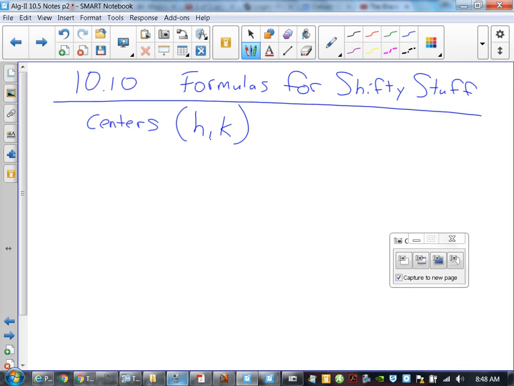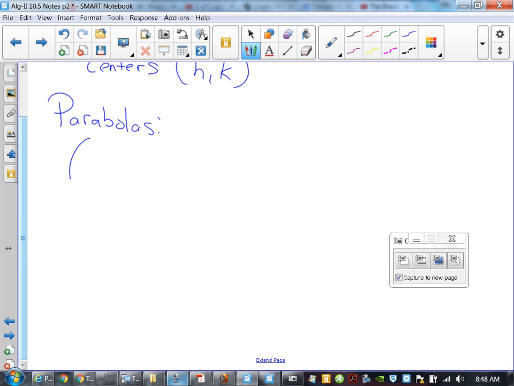So what we have to be able to do is just add quantities to it. So parabolas. X squared parabola now becomes the quantity x minus h squared equals 4p y minus k.